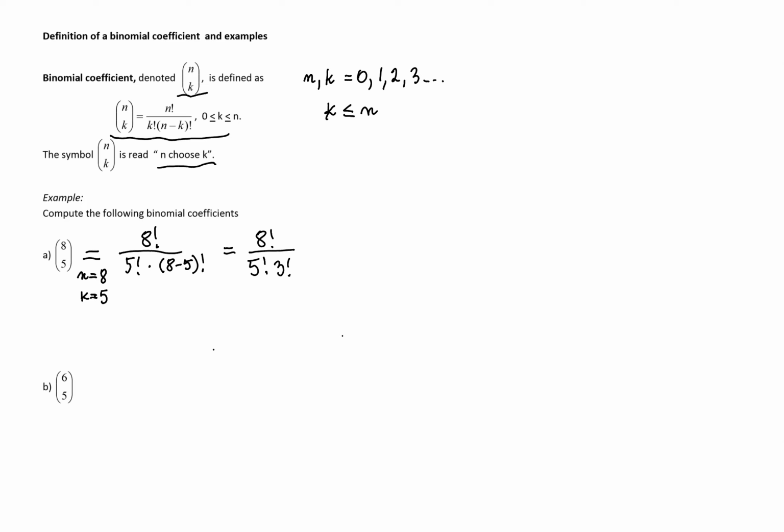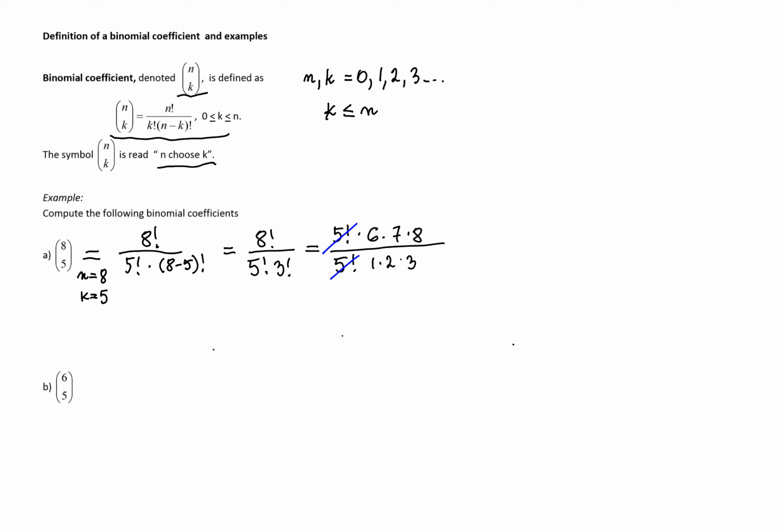To compute this, we'll use the technique discussed earlier. We'll rewrite 8 factorial as 5 factorial times the rest of the factors, which will be 6 times 7 times 8, and we leave 5 factorial in the denominator unchanged because we want to cancel with the 5 factorial in the numerator, and the 3 factorial is 1 times 2 times 3.